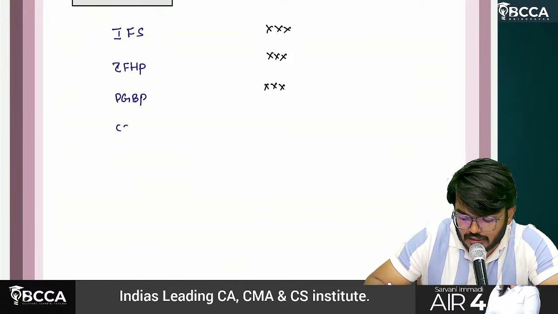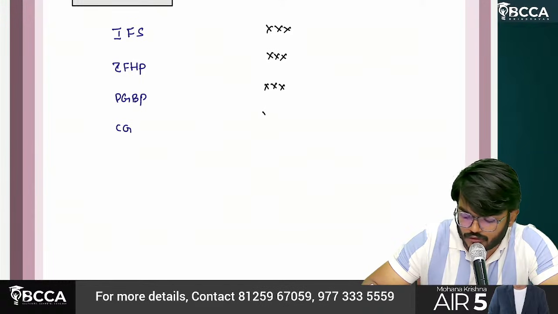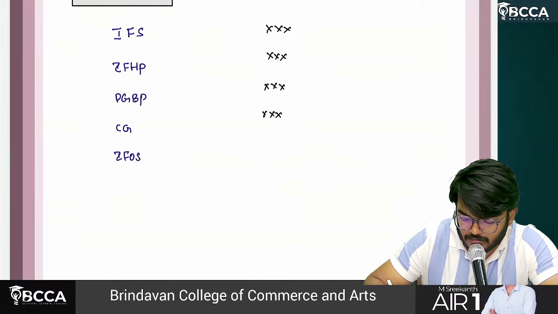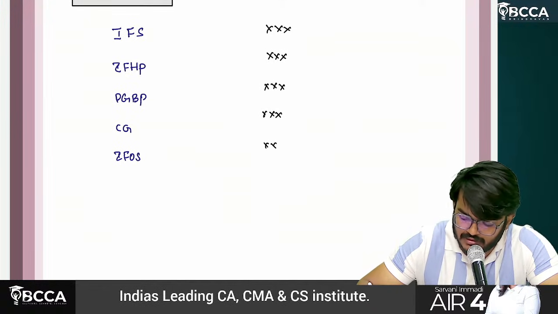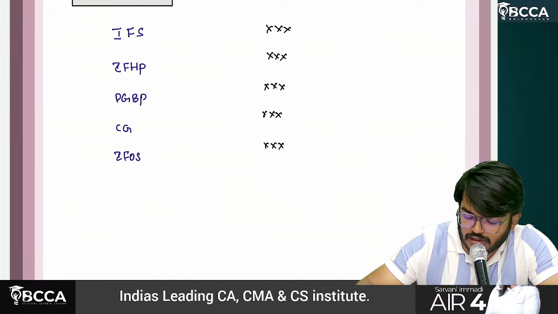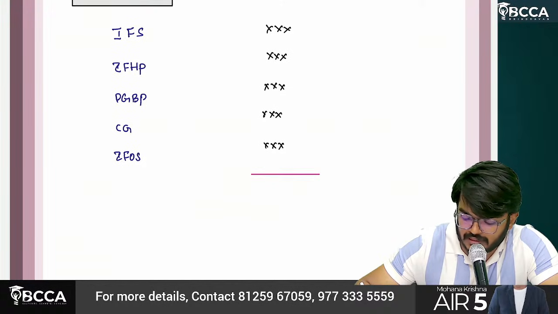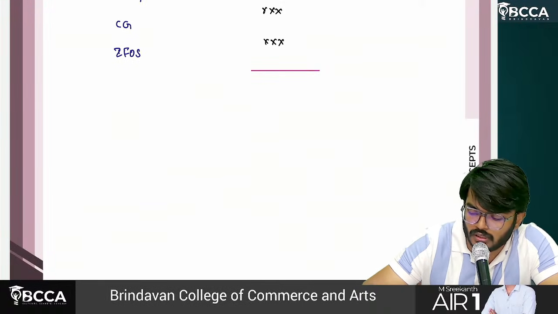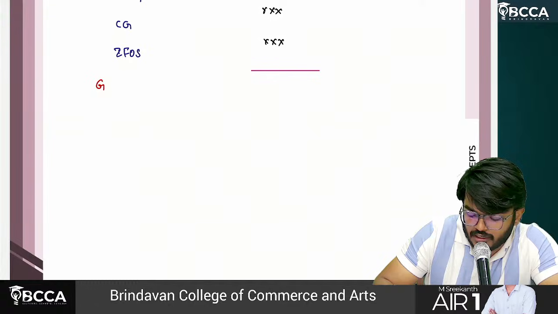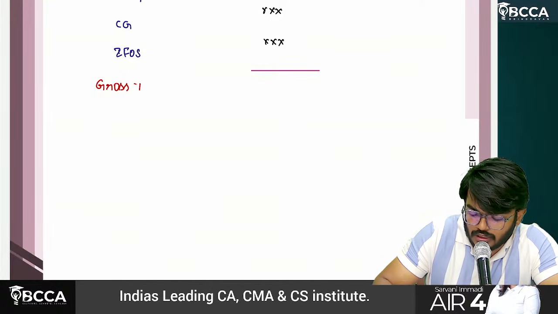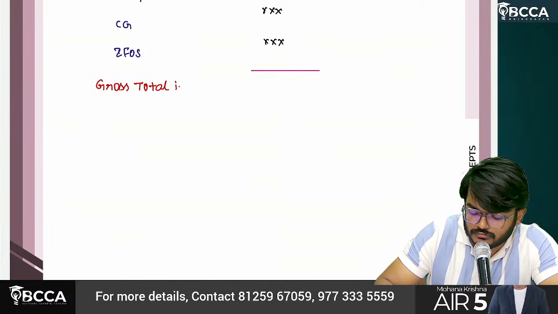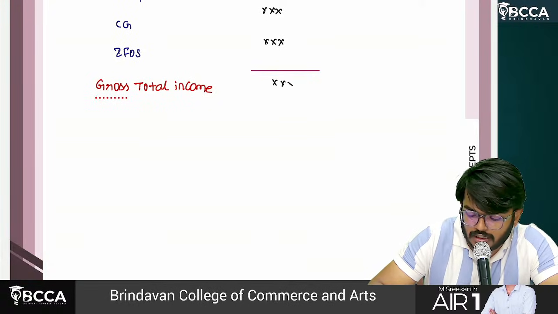Fourth head of income, capital gains also we will add. Last head of income, income from other sources also we will add. If we add all these 5 heads of income, what you will get? You will get a gross total income.